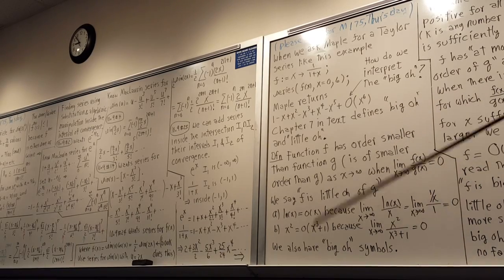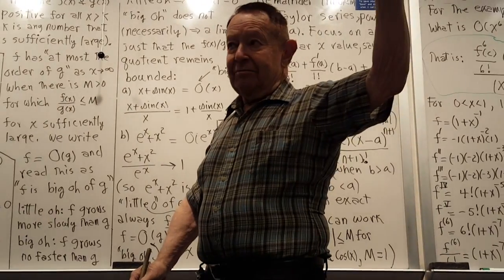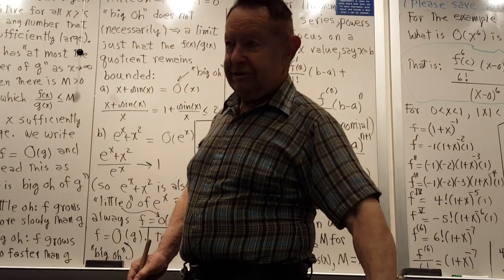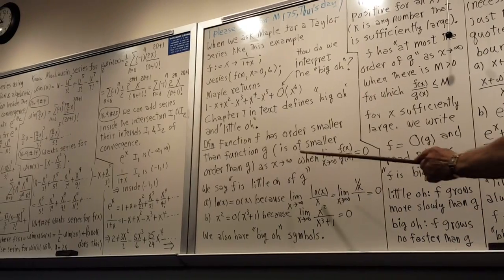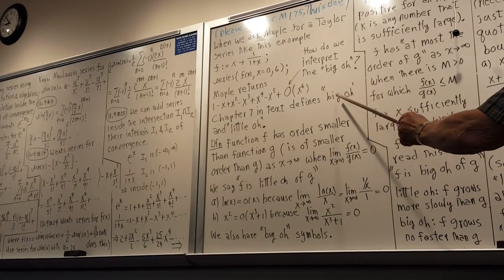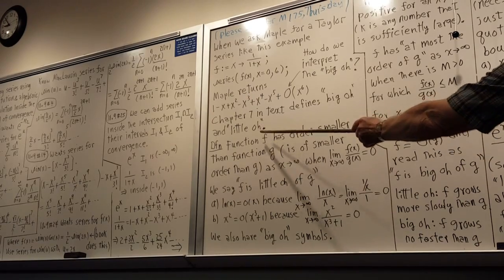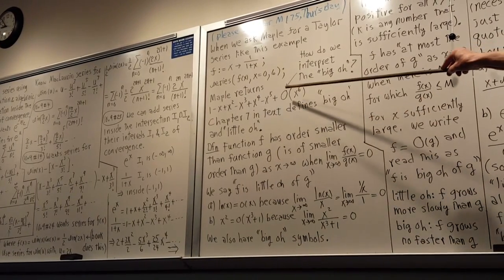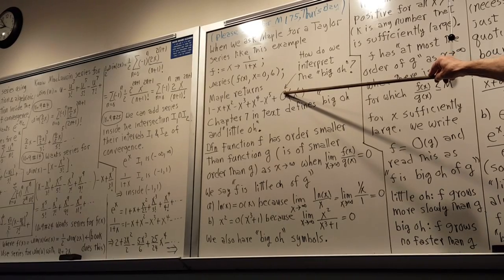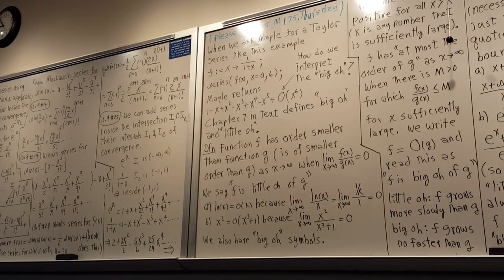So the handout that you have, that's the copy of the book, which is in chapter 7, defines the symbols big O and little o. And as they would print, the difference would be in the size of the circle there.